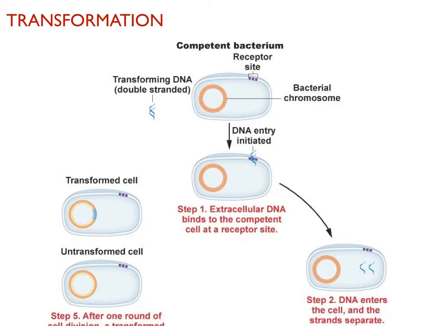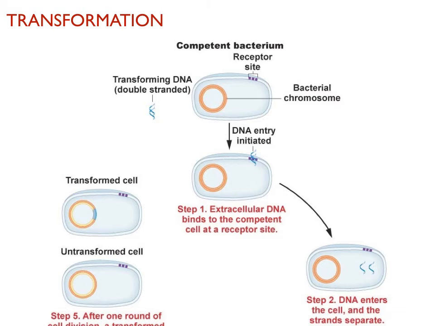And this DNA acceptance or absorbance, if you will, can be initiated by either some temperature shock or an electrical shock. So we kind of shock the cells, and you can kind of think of this as the cells gasping or inhaling, and they take in DNA that we've put all around them.